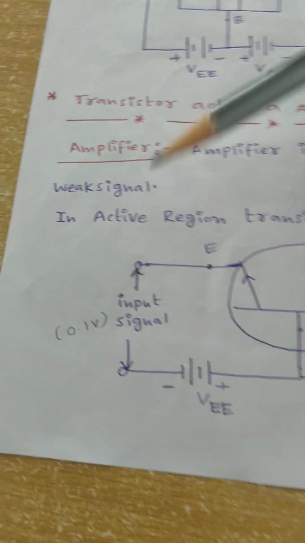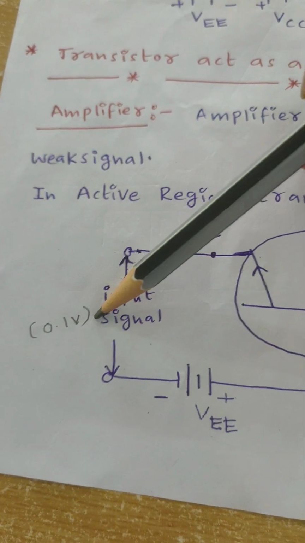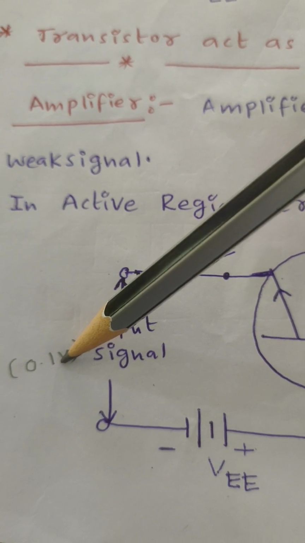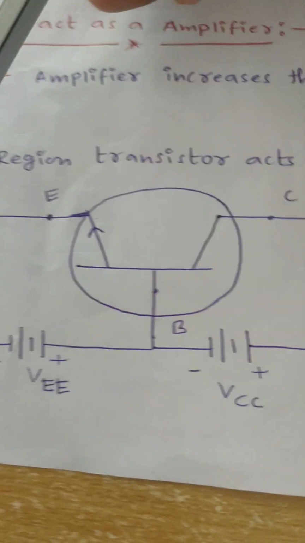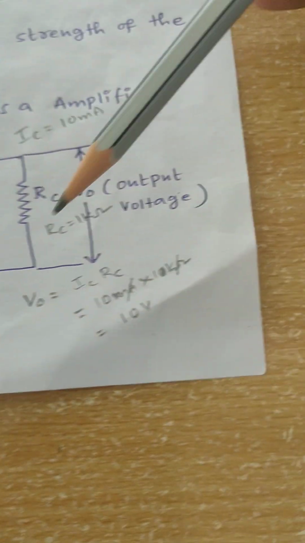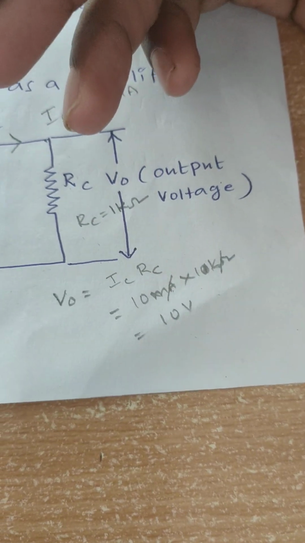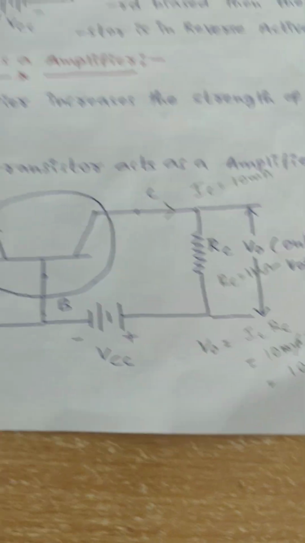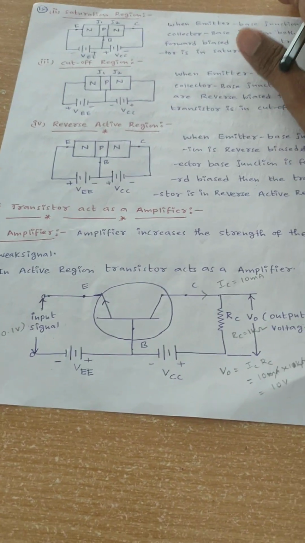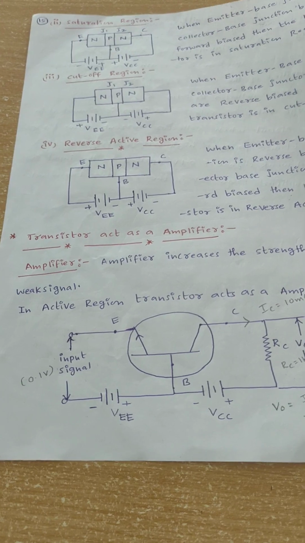The applied input signal is 0.1 volts, but the output I am getting is 10 volts. That means the low level signal is transformed into a high level signal, 0.1 volt into 10 volts. That means the amplifier increases the strength of the weak signal. That is the operation of a transistor as an amplifier.